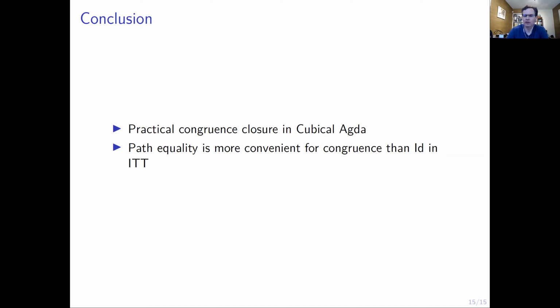He didn't get as far as implementing the congruence closure part of what would be needed to actually use it for something, but he got the part that generates all the lemmas. So there is some work there that it would be great if it was complete, but in any case, it is possible to do the lemma generation without using cubical techniques.